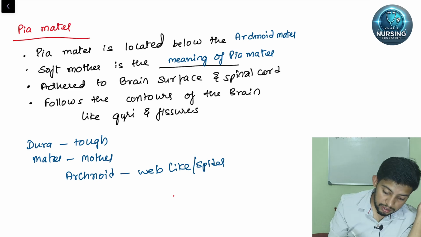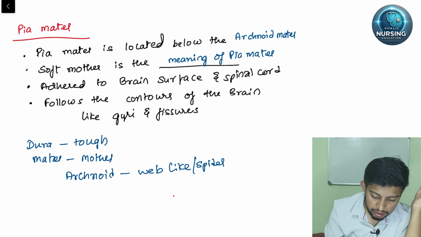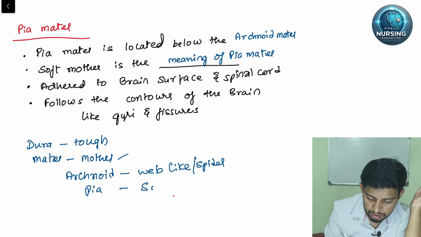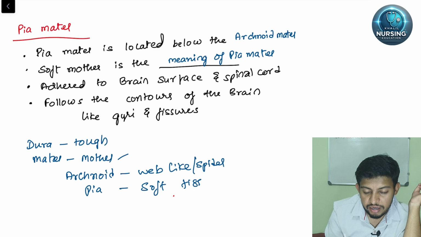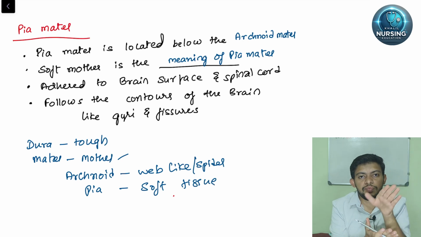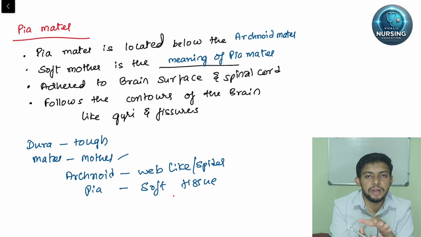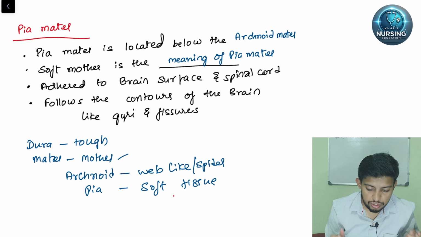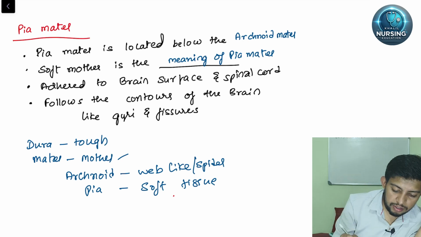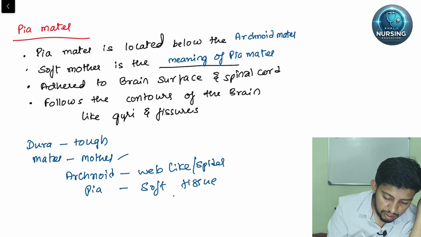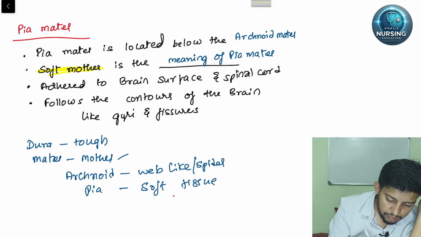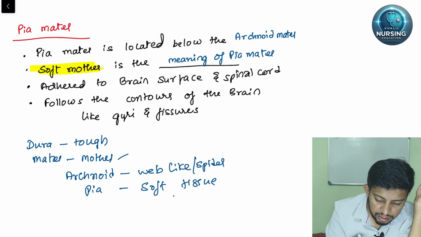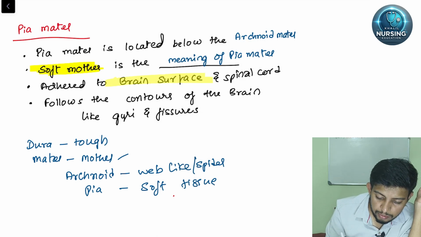Clear? Arachnoid mater means mother. Pia means soft tissue, which is adherent, attached to the brain parenchyma, the brain tissue. That one will be called pia mater. Soft mother is the meaning. It adheres to the brain surface and the spinal cord also.